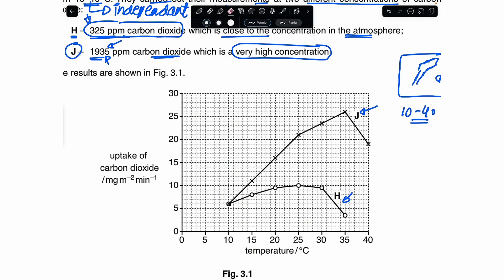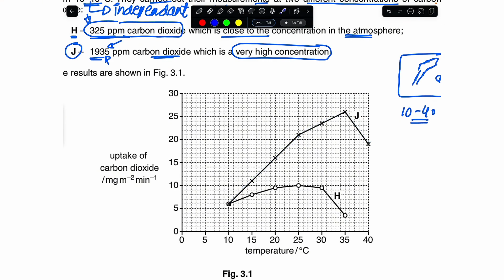So the difference of J to H would be that at all the provided temperatures, ranging from 10 to 40 degrees centigrade, the uptake of carbon dioxide of J is higher. Isn't it, this is higher at all the given temperatures?